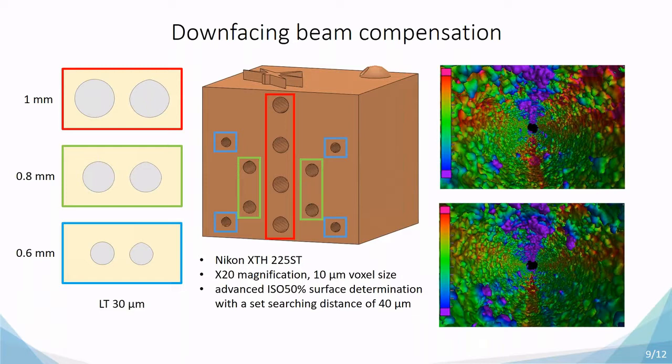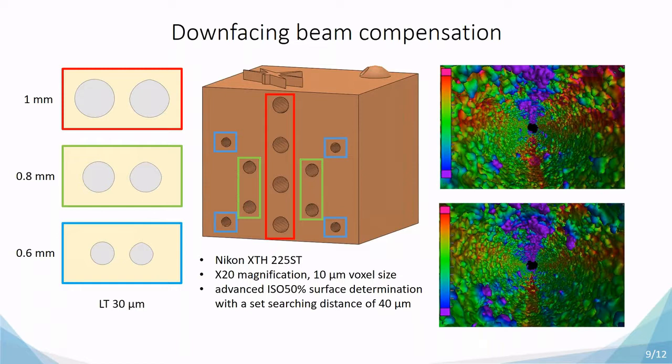But for now, indeed, as we can see here, it's not that clear, but every 10 degrees I compensated the channel. Starting from half of the channel above, the channel has been printed with downfacing parameters, and every 5 degrees the beam compensation has been changed to match the downfacing calculated in the previous slide.